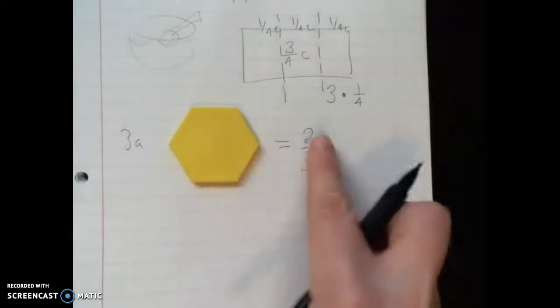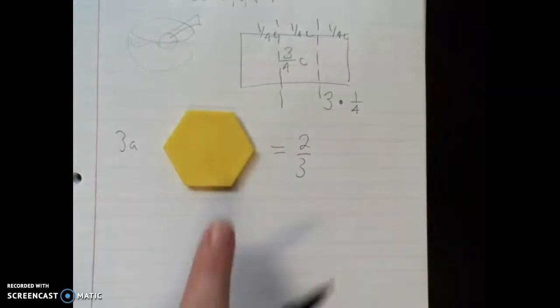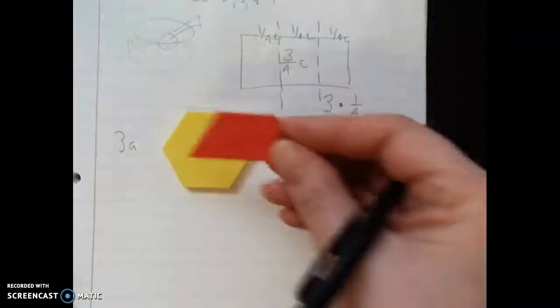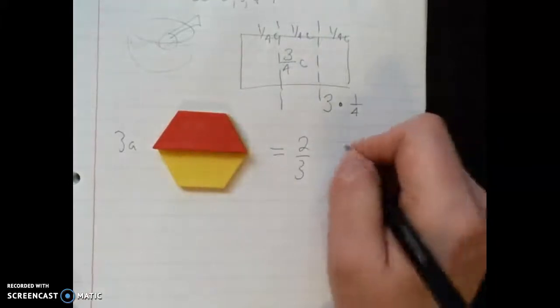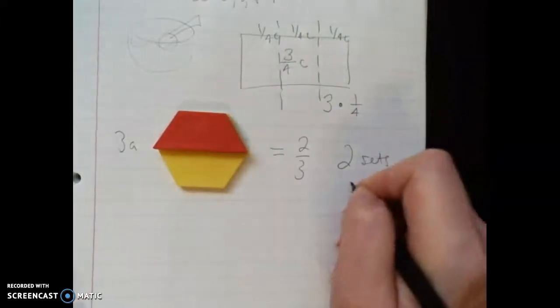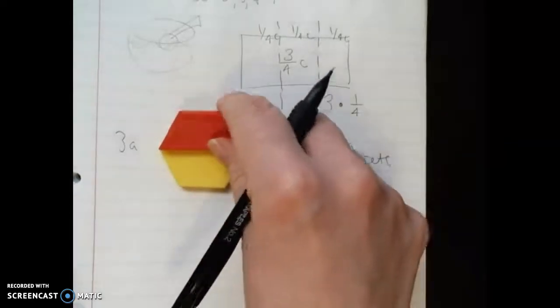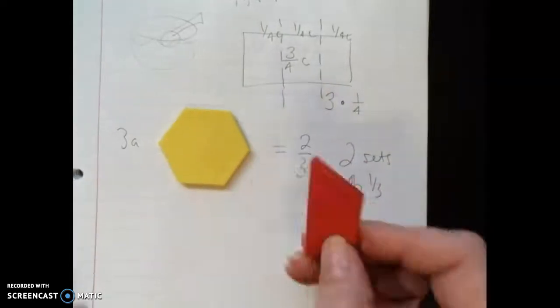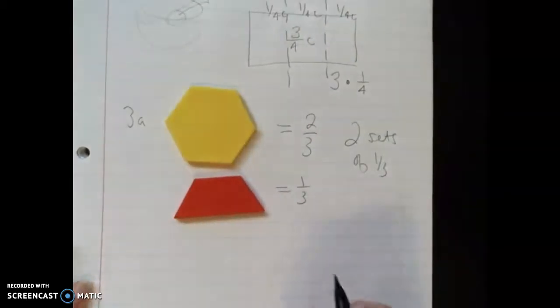So this is 2/3 of the area of something bigger. If this is 2/3, I take my other pattern blocks and look. Remember, this is 2 sets or 2 groups or 2 iterations of 1/3, and I can see that I have 1 there and 1 there. So suddenly I know that this guy is worth 1/3.